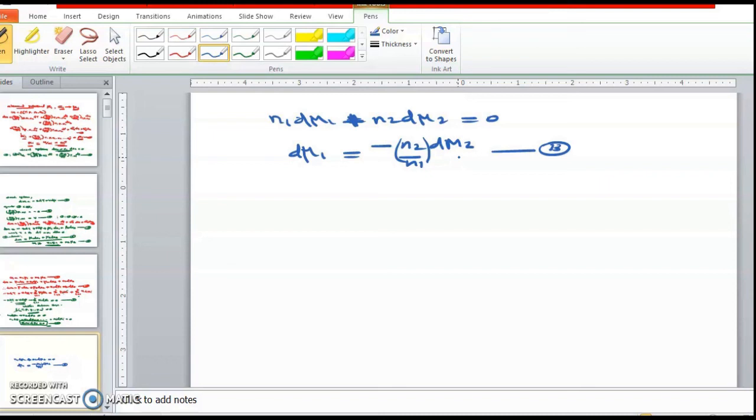So we have derived the Gibbs-Duhem equation, seen two different expressions of it, and also proved that if the chemical potential of one component of the system changes, the chemical potential of other components in the mixture will also vary.